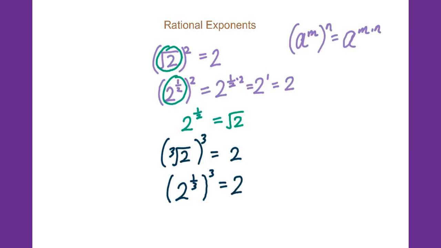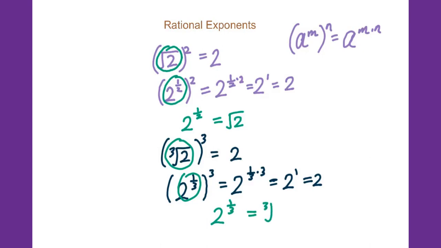You will get 2 to the 1/3 times 3 equals 2 to the first power equals 2. Therefore, these two must be equal to each other. So we have 2 to the 1/3 power equals the cubic root of 2.